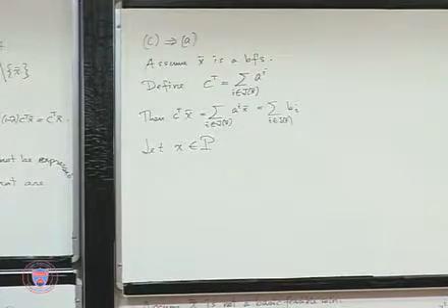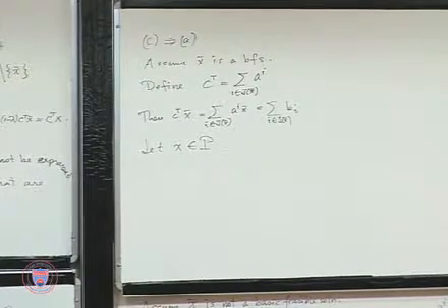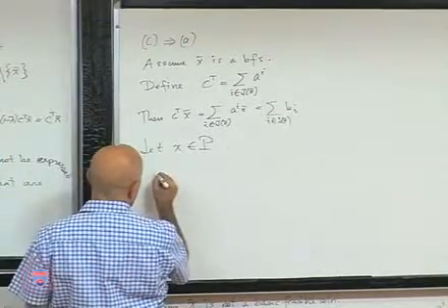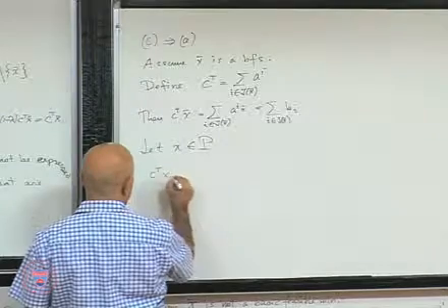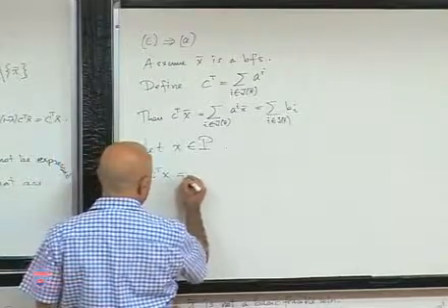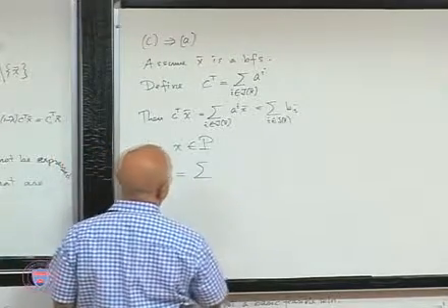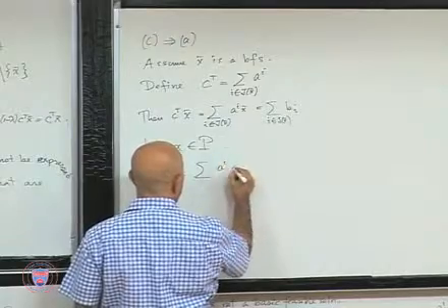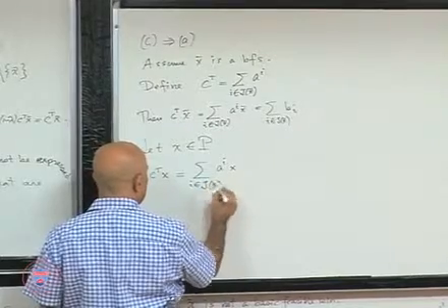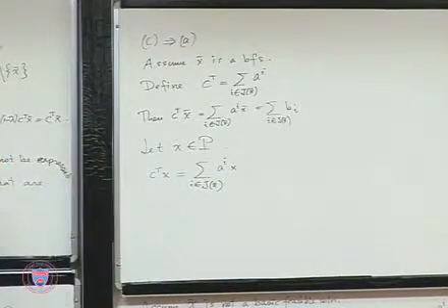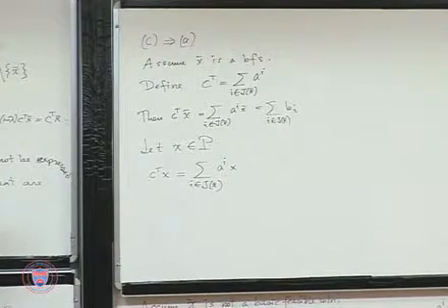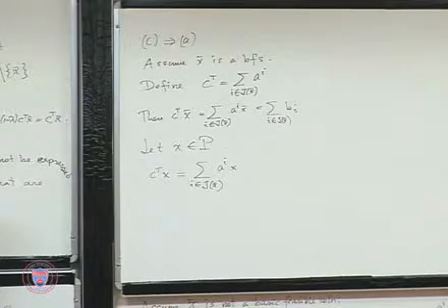Okay? I don't make it different from x bar yet, so it could be x bar. Nevertheless, let's just pick one. Then we have c transpose x, which is by definition the sum of ai x, i in the active set for x bar.